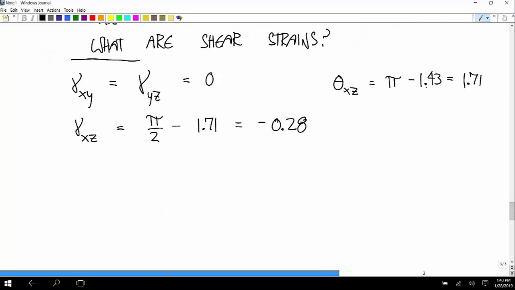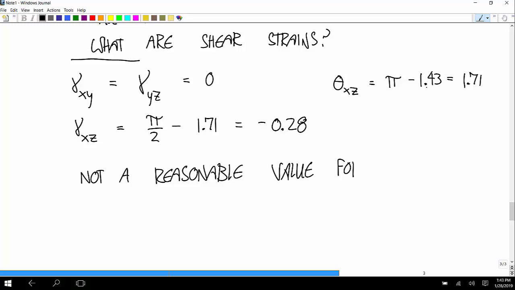Is that a reasonable value for an engineering material in the linear elastic range? No, not anywhere close to it. There are materials that can strain that much without breaking into pieces.